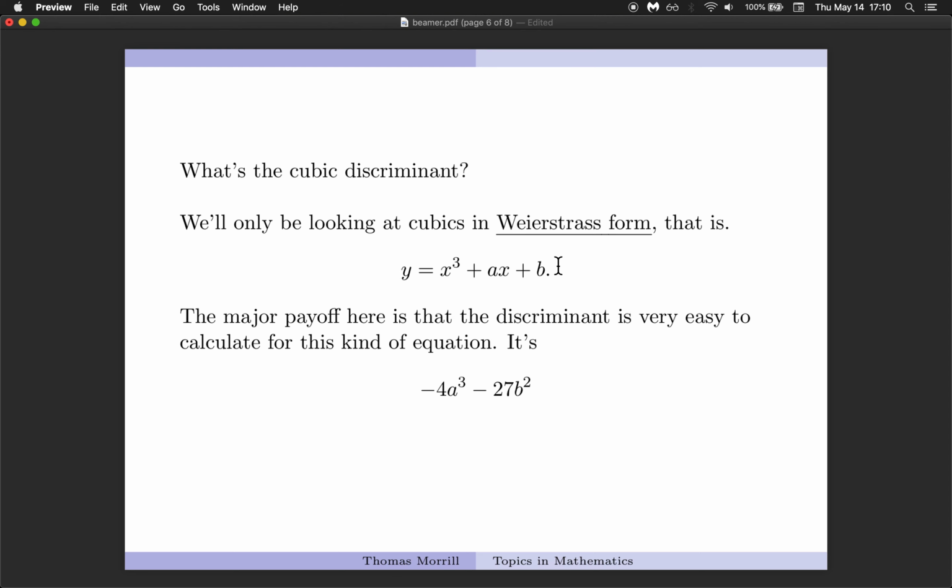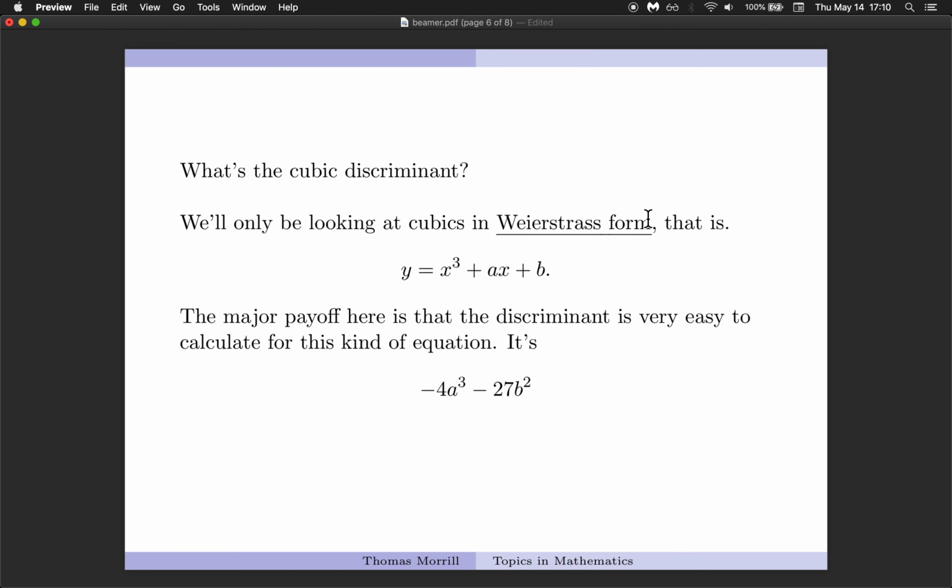This is sometimes called the Weierstrass form of an elliptic curve. It's just a handy way to be working with cubics. One of the major benefits, and this is one of the reasons I will only be using this kind of formula, is that the discriminant is very easy to calculate for cubics with this formula.